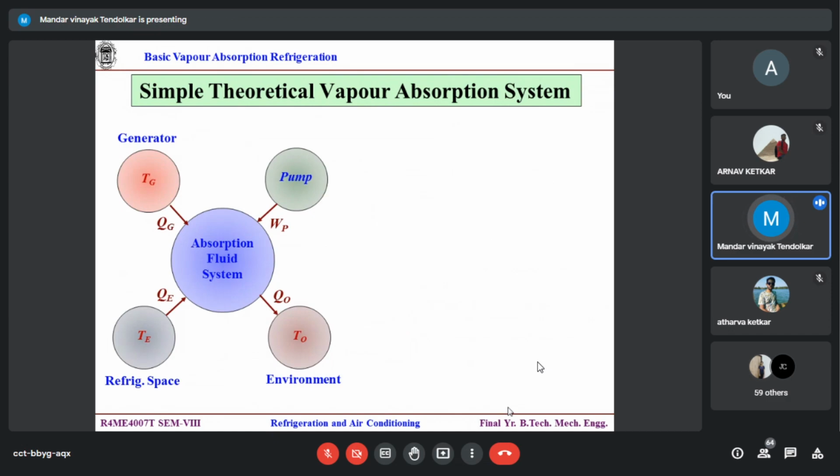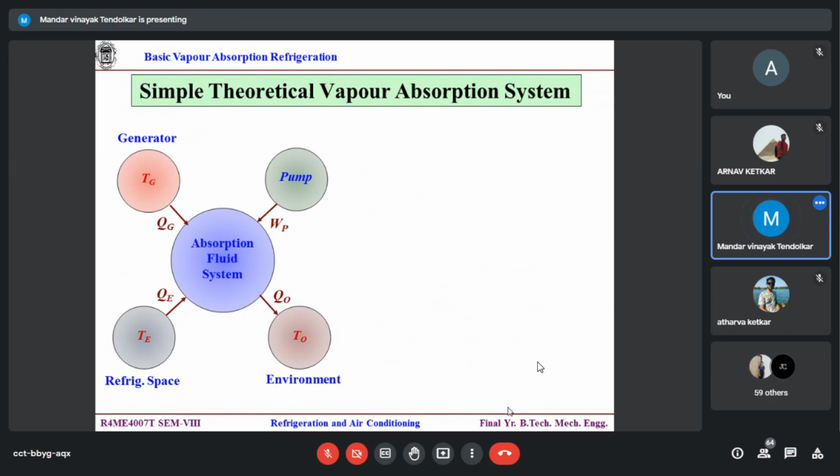So if I try to summarize in a simple way, then generator at the temperature Tg gives the heat Qg to the absorption system. Correct? You have to supply that heat. Then pump also WP, that is the input to the system. Correct? Refrigeration space TE, that is also absorbed.